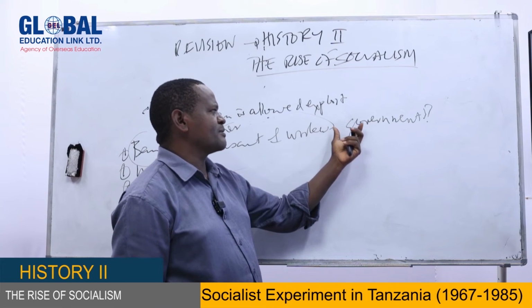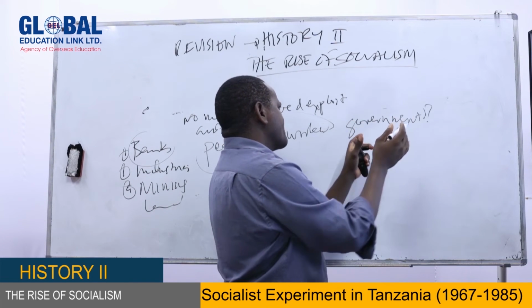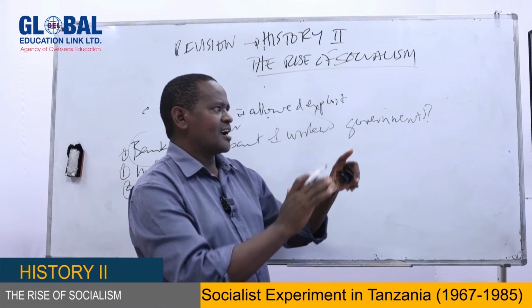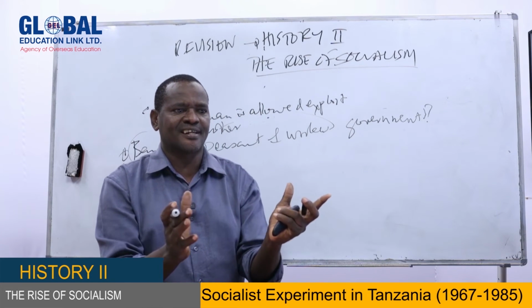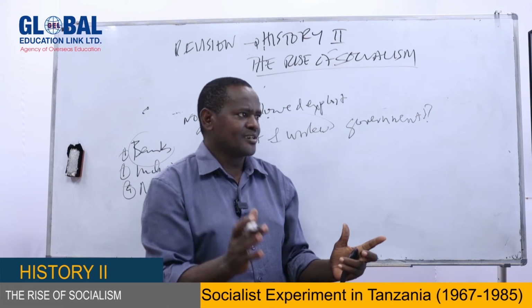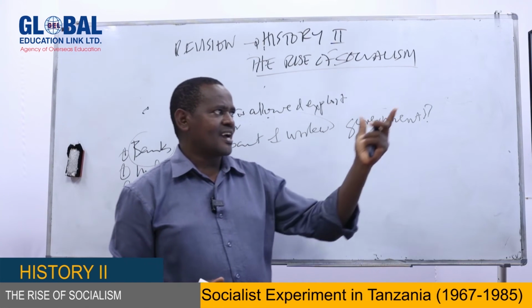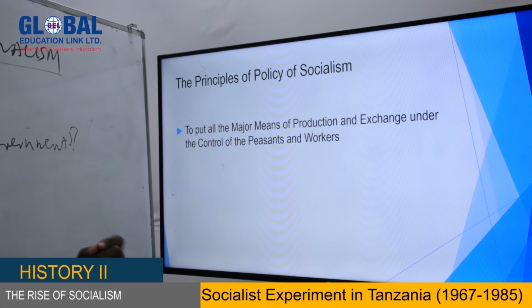So if you say they have to be put under government, there can be some few people who are members of the government, maybe the top members, who can say that according to this principle, we are controlling the major means of production on behalf of the people. No, it has to be under peasants and workers. Because this country of Tanzania, under that policy of socialism and the Arusha Declaration, was made of two classes, the class of peasants and the class of workers.